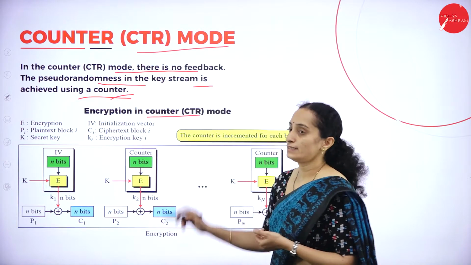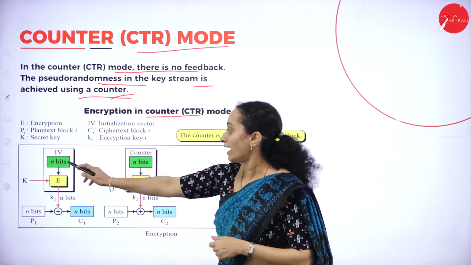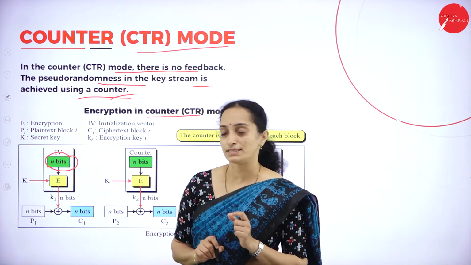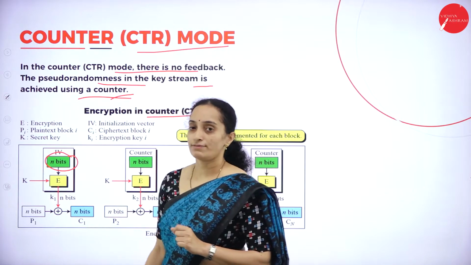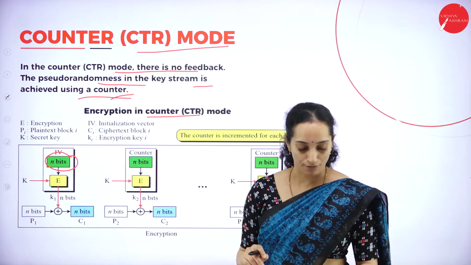How the encryption happens in counter mode: we have the counter, which can store a certain number of bits. So now we have the initialization vector of n bits.